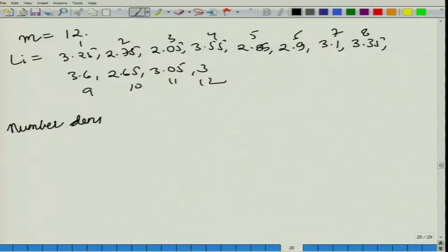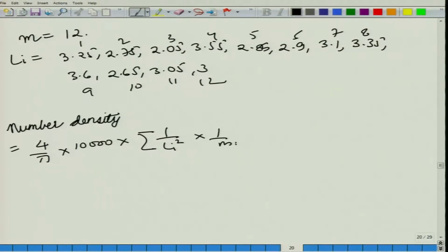Number density is given by 4 by pi into 10,000 into sum over 1 over Li square into 1 by M, that we have already calculated previously. So what is this?